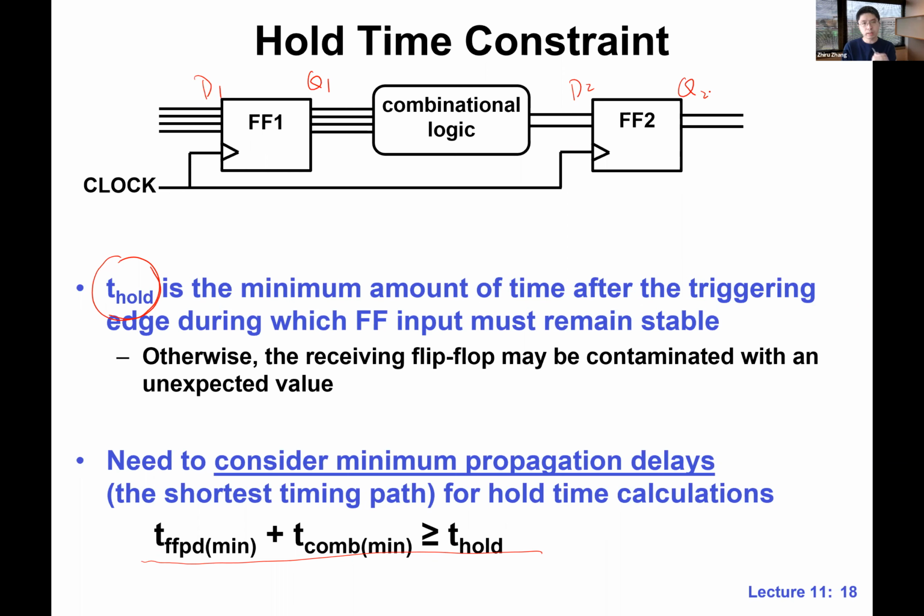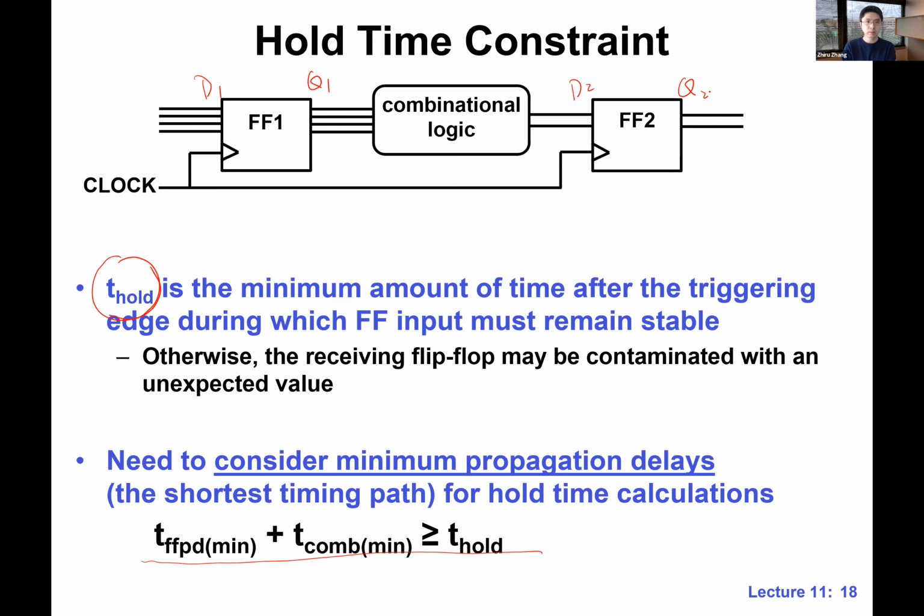And what is the scenario when D2 changes quicker after the clock catch? That's the worst case scenario. Do we want to add more combinational logic, or less combinational logic, for us to have a more challenging case for meeting hold time?